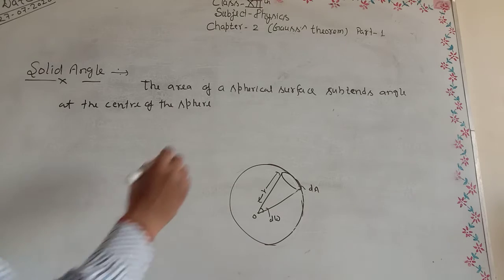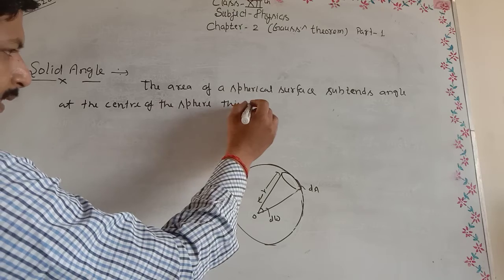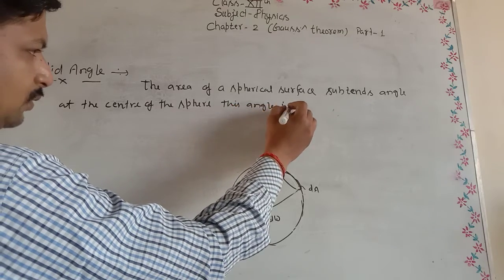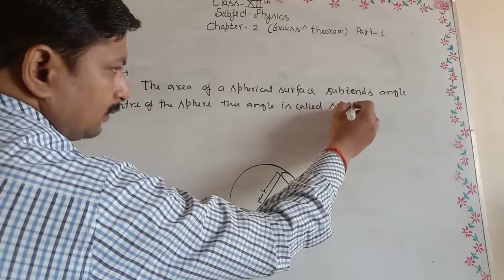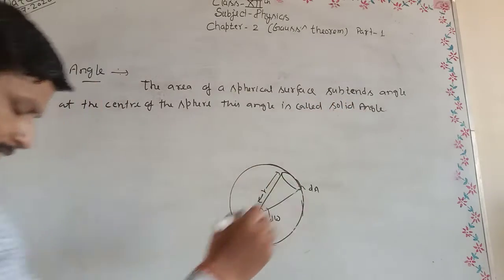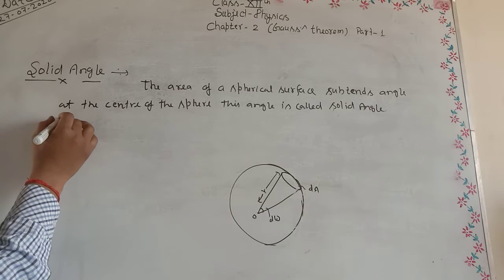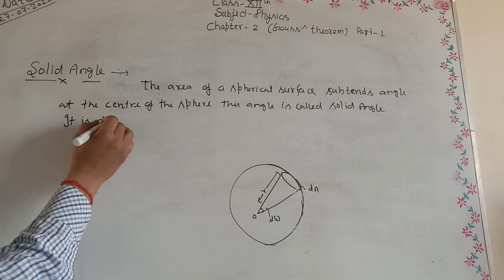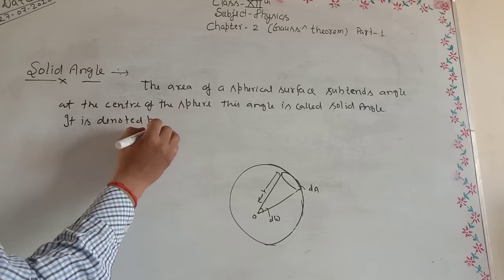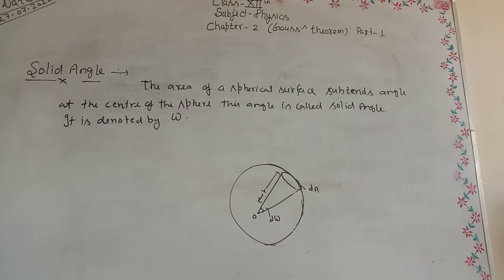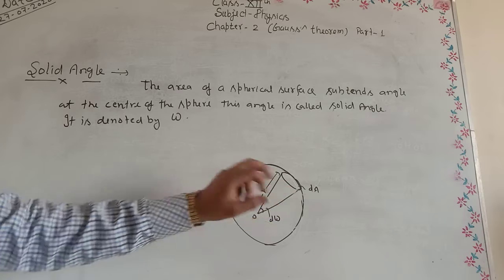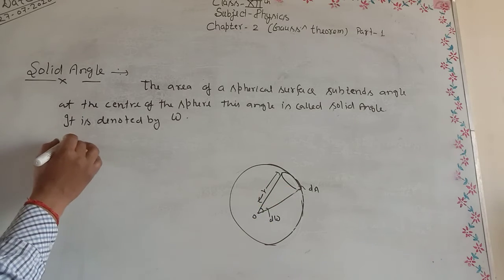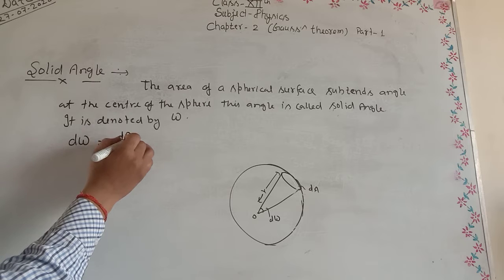This angle is called the solid angle. It is denoted by omega. Let the area of the sphere be dA, then the solid angle d omega is equal to dA upon r square.